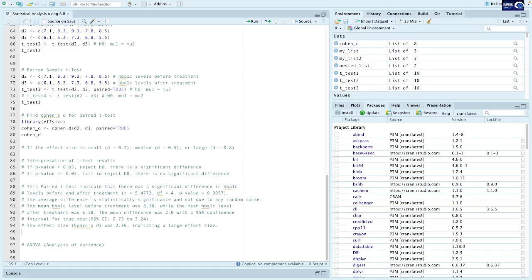Okay, so here the p-value is less than 0.05, so we reject the null hypothesis, and at least one method here has a different mean score.